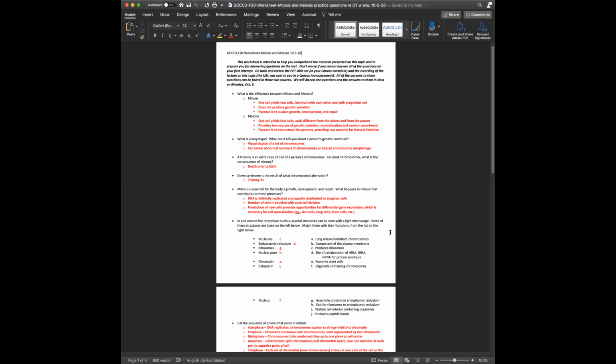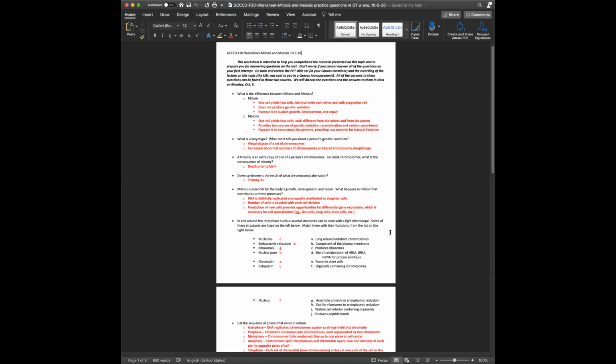The nucleolus is a suborganelle within the nucleus, and it makes ribosomes. The ribosomes, as you remember, leave the nucleus, go to the cytoplasm, get involved with the endoplasmic reticulum, and make proteins. So the endoplasmic reticulum here is D. It's where mRNA, tRNA, and rRNA all get together, collaborate, and make proteins.